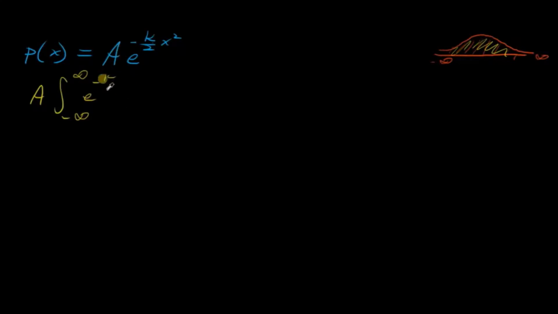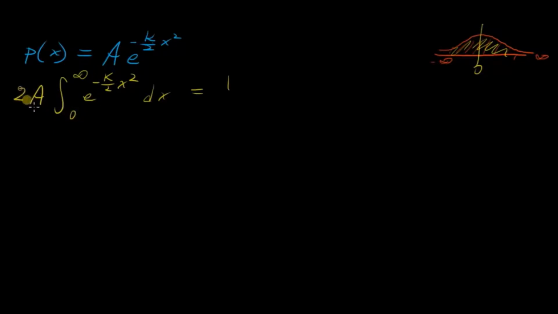Yeah, that's pretty sloppy. So the integral must equal 1. Okay, one thing we're going to do is, we know this is symmetrical, so really we should just take the integral from 0. That'll make it simpler.